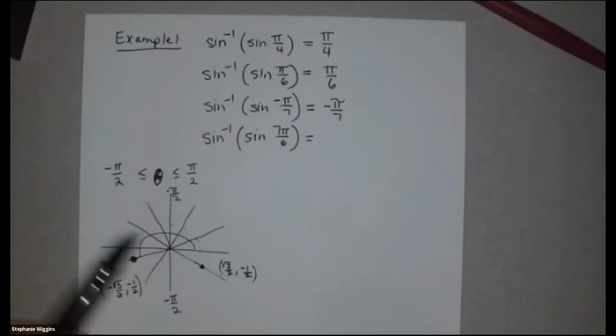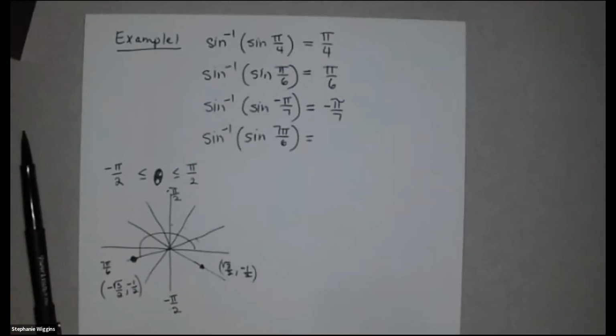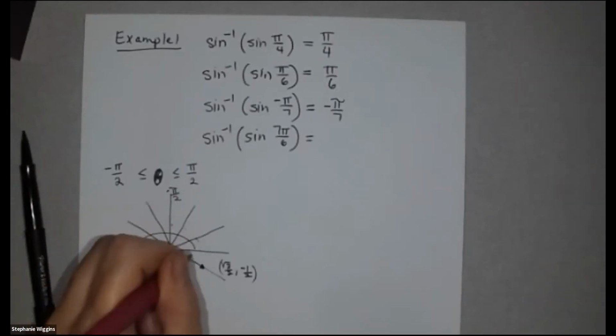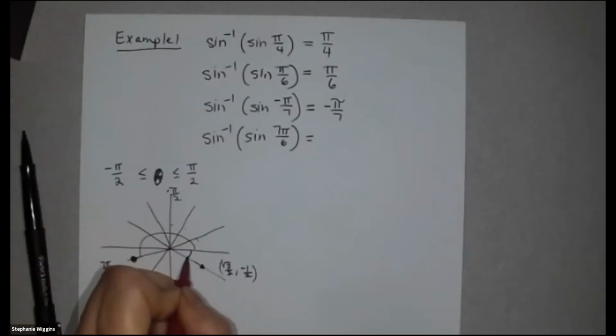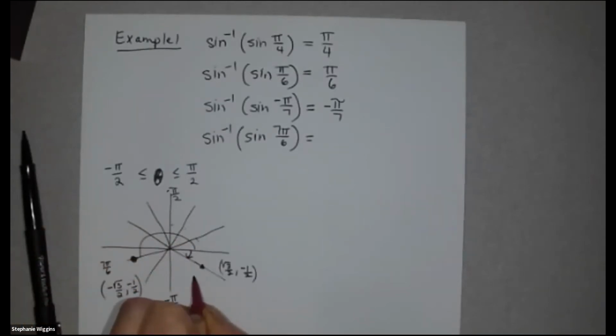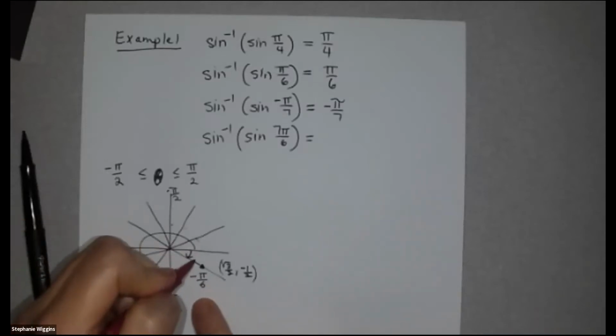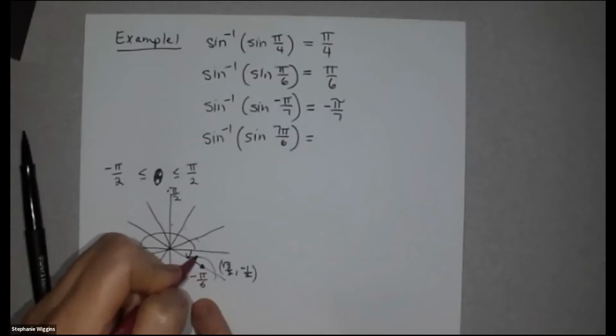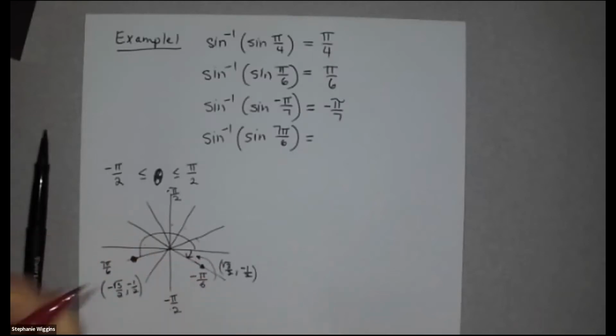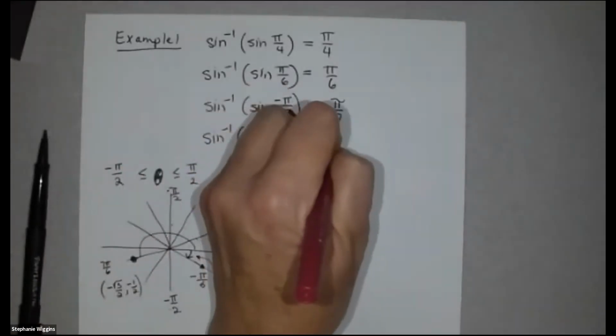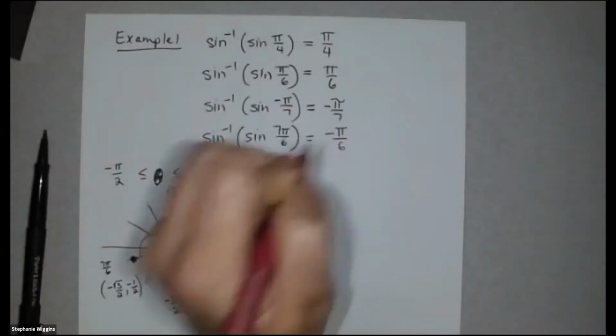Well, what is that? If we're talking about negative angles, which we are, this is negative pi over 6. Negative pi over 6 is the angle that's in the right range, okay? So my answer here is negative pi over 6.